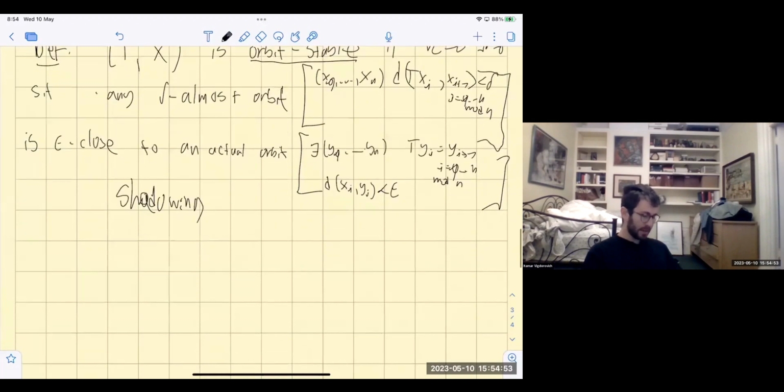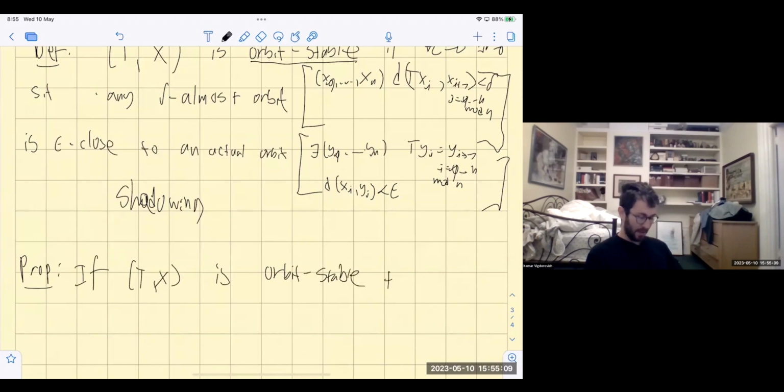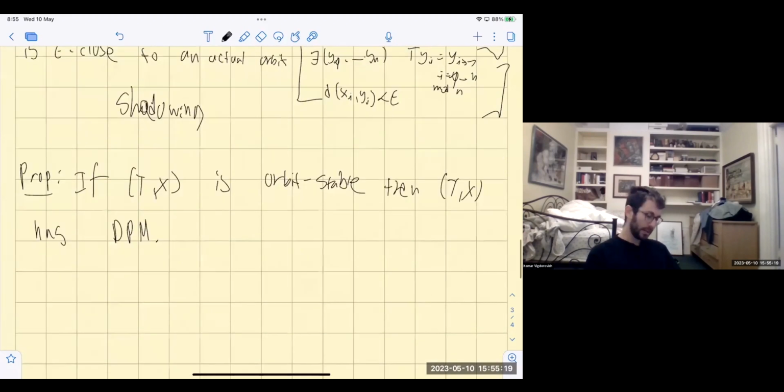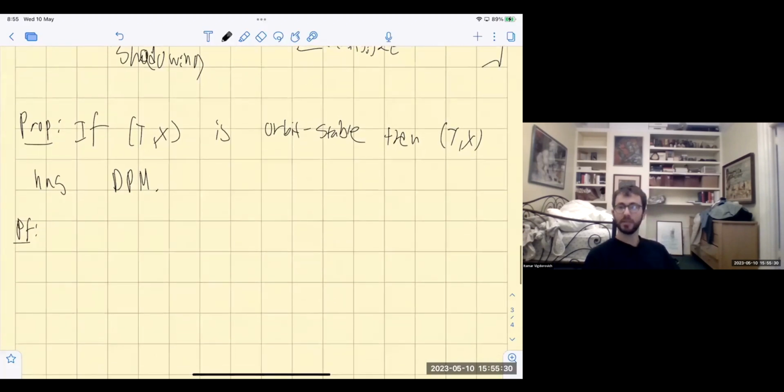Now, let's start with the following proposition. If T is orbit stable, then T has dense periodic measures. Okay, let's prove this. Dense periodic measures means that every invariant probability measure is a weak star limit of periodic measures.